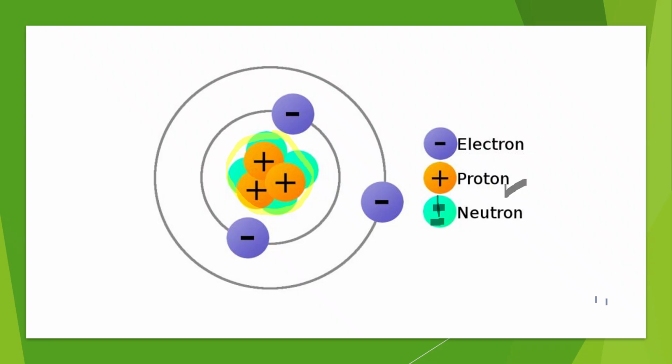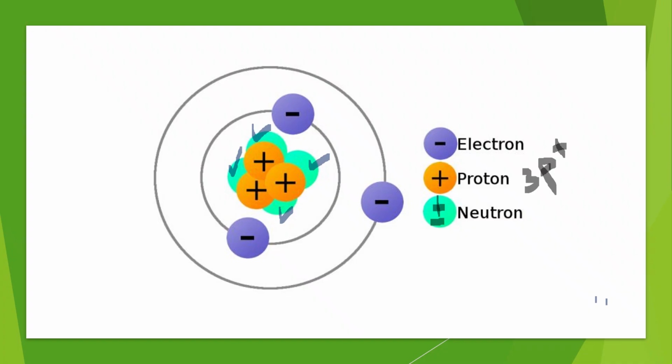So, let's count the number of positive protons in this atom. It contains 1, 2, and 3, so it has 3 positive protons. And let's count the number of uncharged neutrons. Here is 1 neutron, 2, 3, and 4.